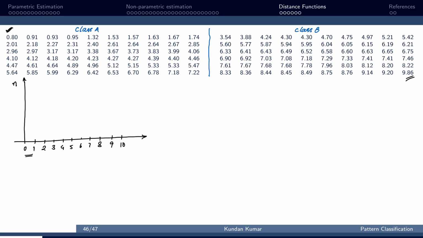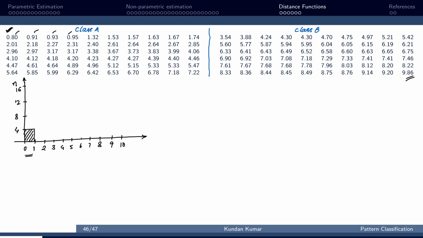Let us count. Here we have 1, 2, 3, 4. So 4 data samples fall in this bin.